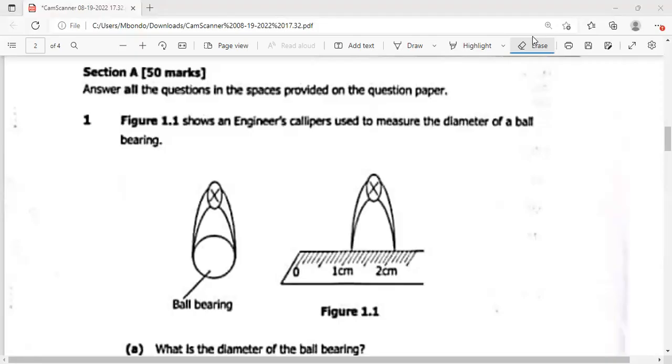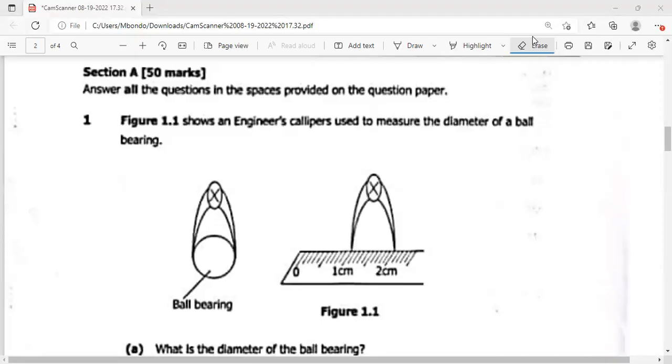Without wasting much of our time, we need now to look at the engineer's calipers given in the question. The engineer's calipers are able to measure the diameter of a sphere, as long as it's something that is spherical, or maybe the diameter of a pipe.